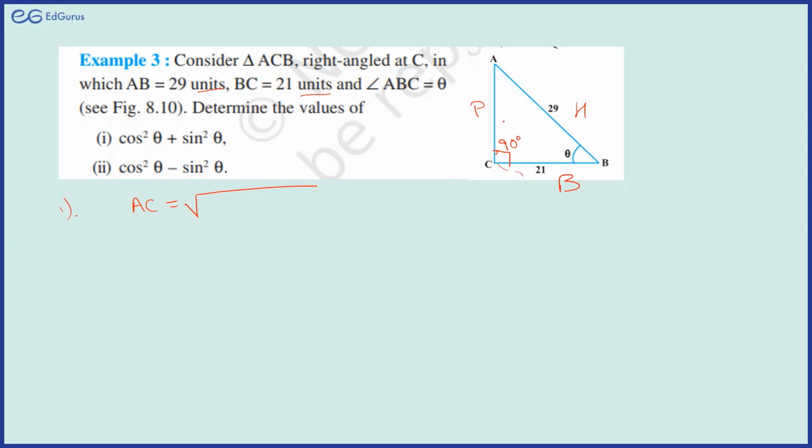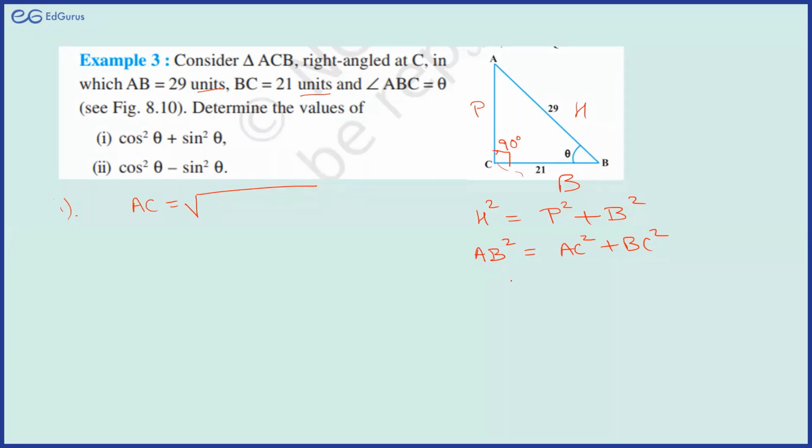So let's look at Pythagoras theorem. Pythagoras theorem says that square of hypotenuse is equal to square of perpendicular plus square of base. So AB square is equal to AC square plus BC square. This is what Pythagoras theorem says, that square of the hypotenuse is equal to sum of the squares of the other two sides, right?